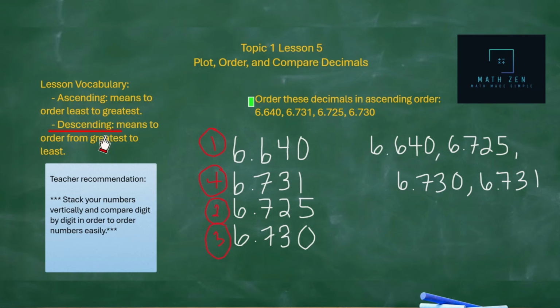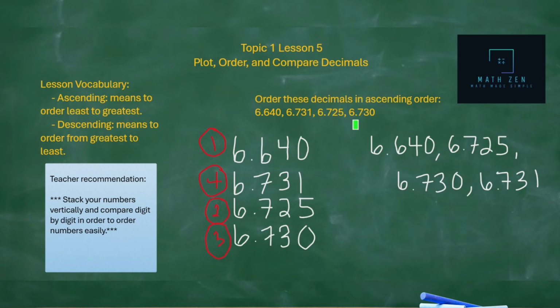Now let's take a look over here at a sample question. It says, order these numbers in ascending order. So again, ascending means we're going to order them from least to greatest. So we have 6 and 640/1000, 6 and 731/1000, 6 and 725/1000, and 6 and 730/1000.